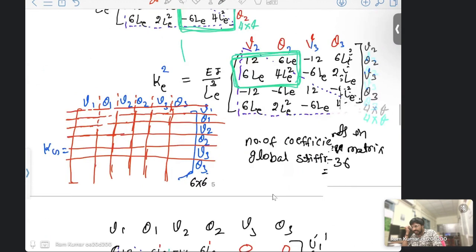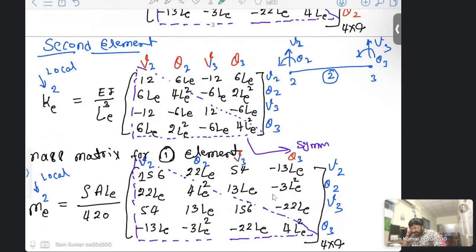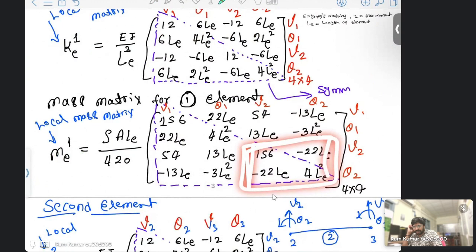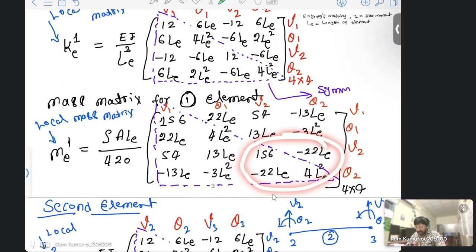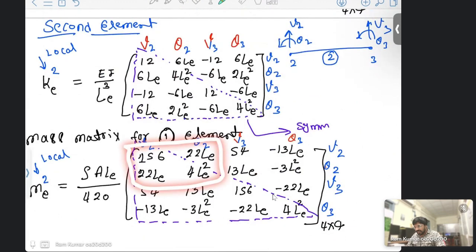So the last four mass matrix element coefficients of the first element will be added to the first four mass coefficients of the second element. Yes, like this we can say.